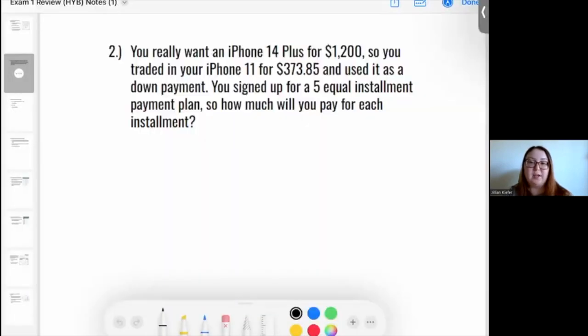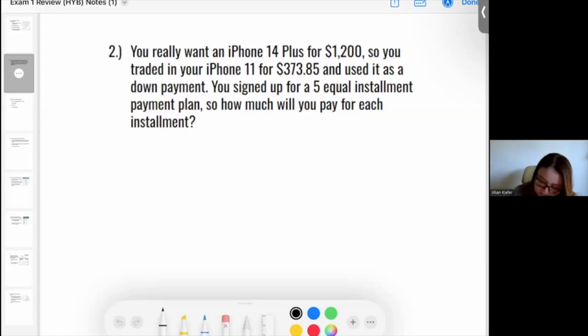All right, so with problem 2, the first thing we need to really figure out is how much I'm actually going to owe for this iPhone 14 Plus based on my installments, just 5 equal installments. So basically that means I need to subtract the value of my down payment from the value of the new iPhone.